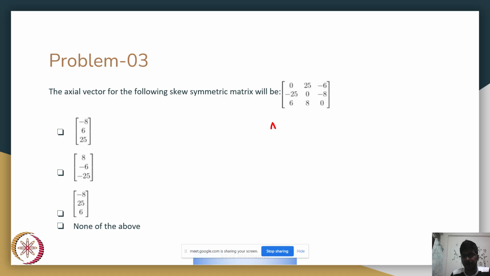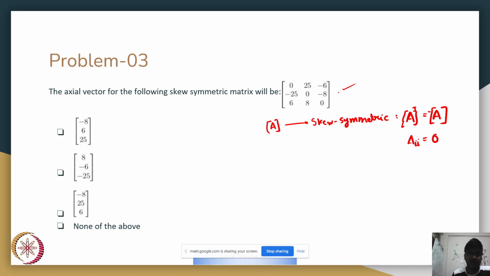So a matrix A is skew symmetric if A transpose is equal to minus A. From this we can see that the diagonal elements will be 0, which is obviously the case here. And we are asked to write this in axial vector form. Do you guys know how to do that?